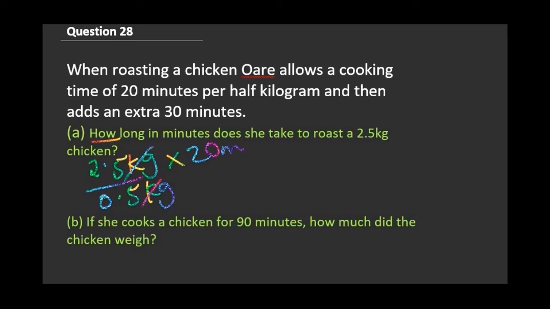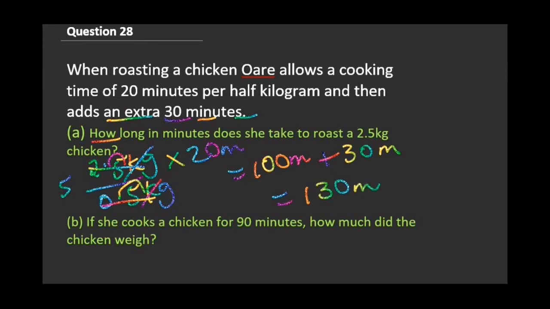Kg cancels kg. 2.5 divided by 0.5 is 5, or you can make both of them whole numbers, which will give you 25 divided by 5. 5 times 20, it will take 100 minutes. Then the question says she adds an extra 30 minutes at the end, so plus 30 minutes, so the final answer will be 130 minutes.